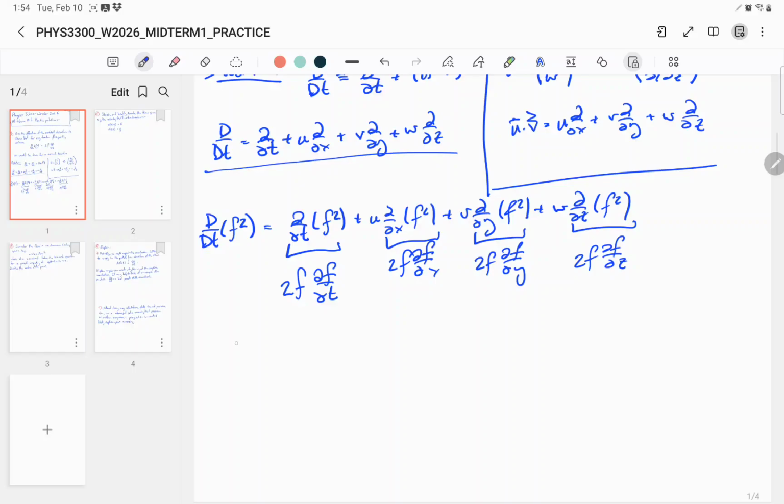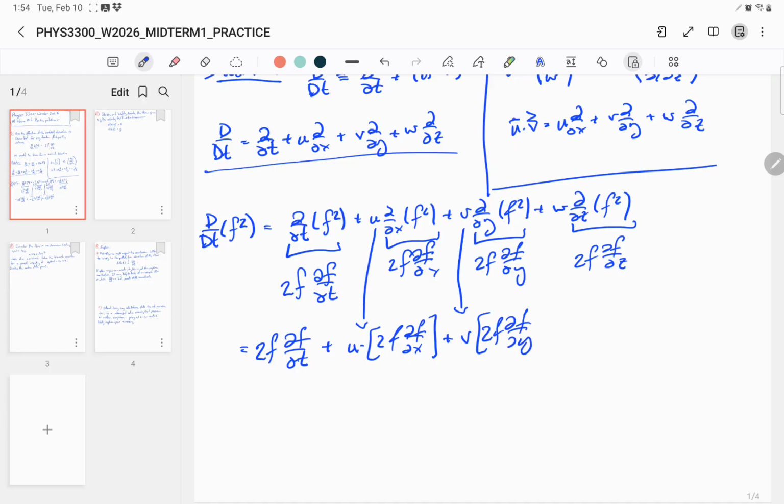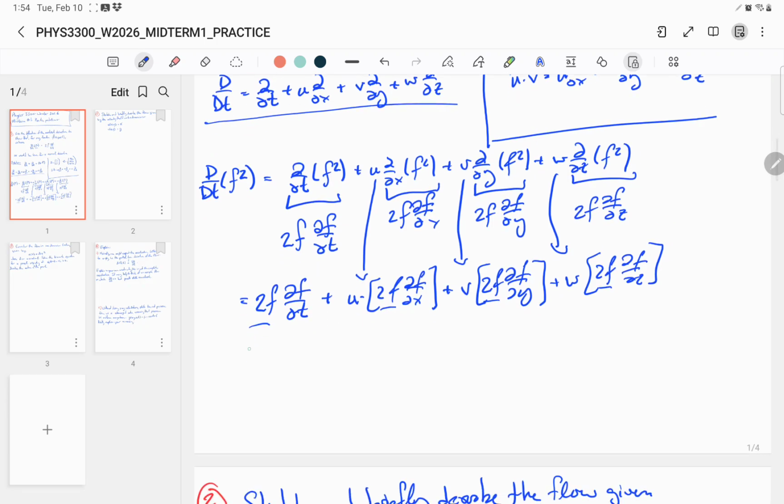And so we have here, this is equal to 2f df dt plus, when I bring down our u, u times 2f df dx plus, bring down our v times 2f df dy plus, bring down our w times 2f df dz. And now there's a 2f in all of these terms.